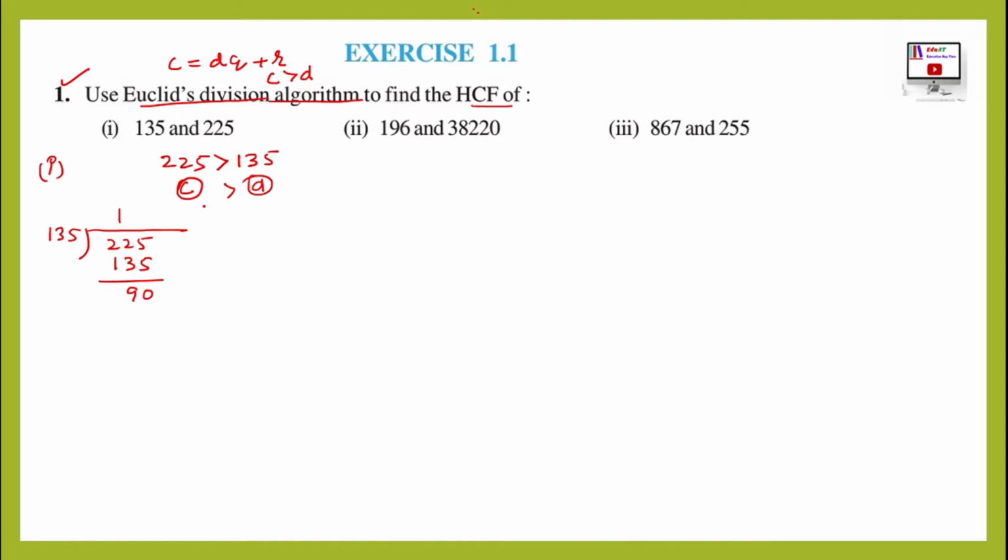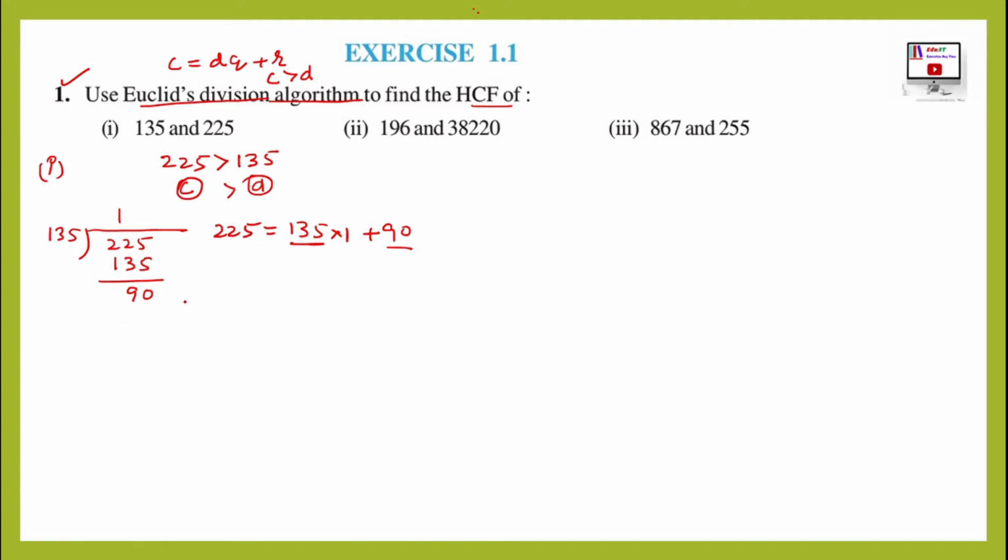So first step is this 225, it may be written as 135 into 1 plus 90. So this is the remainder and it is not equal to 0. If remainder is not equal to 0, the new numbers are D and R. So D is 135 and R is 90. So new numbers are 135 and 90.